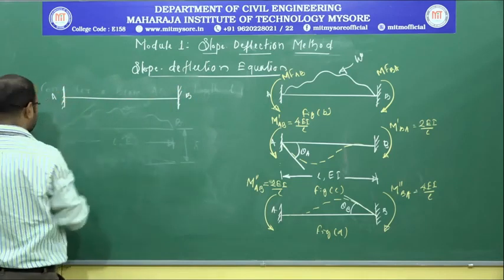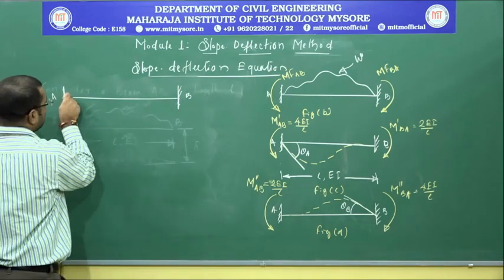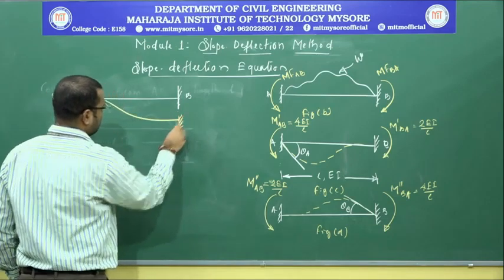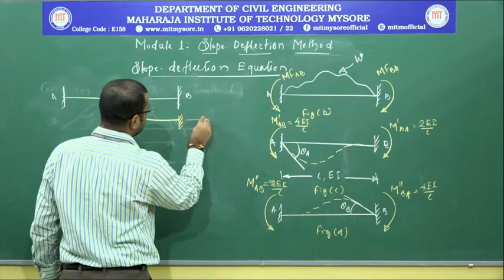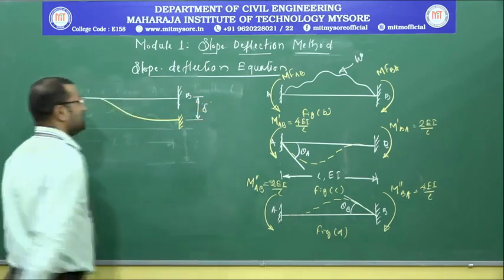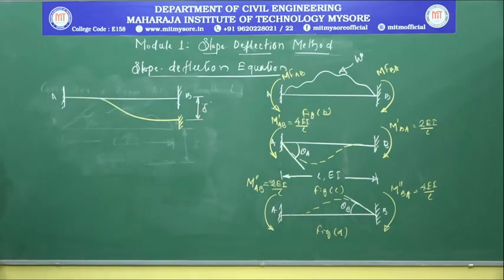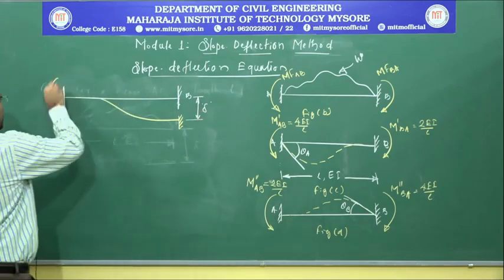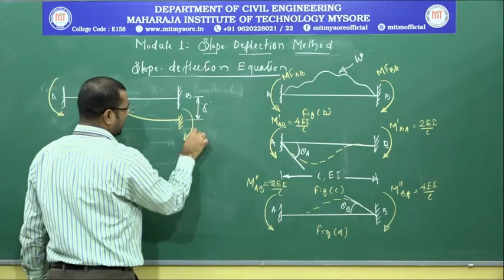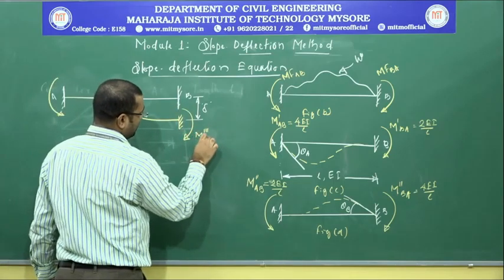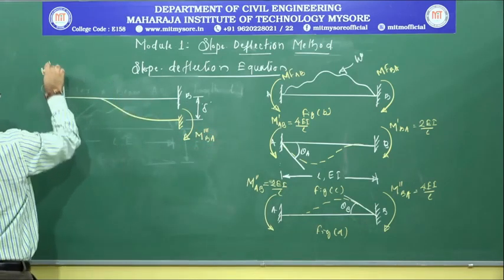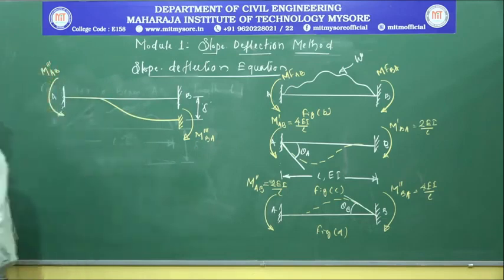Let us say the beam is undergoing a translation deformation by delta vertically downwards. So because of this, again there will be a development of moments at the end. Let me call them as M triple dash BA and M triple dash AB.